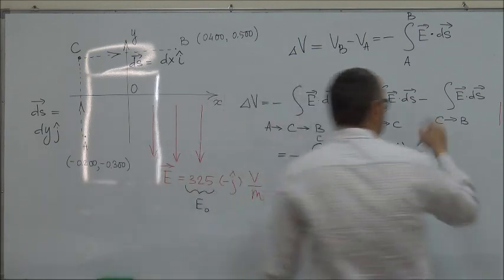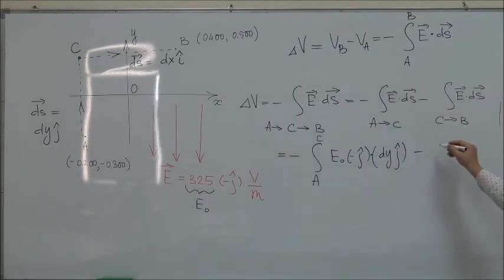So now again we have electric field, which is E0 times minus j, dot dx i.